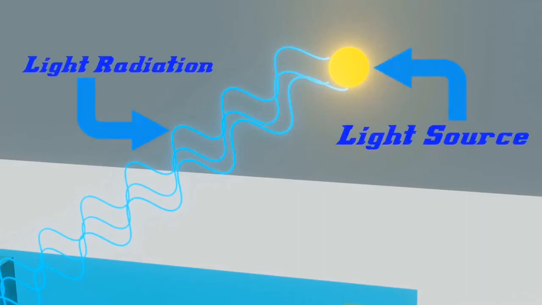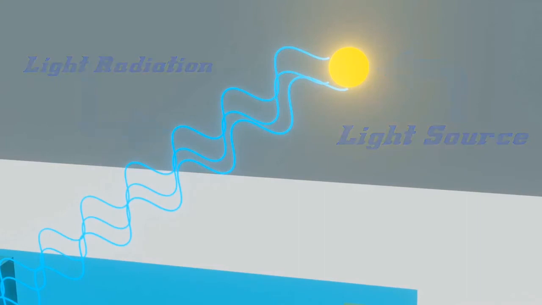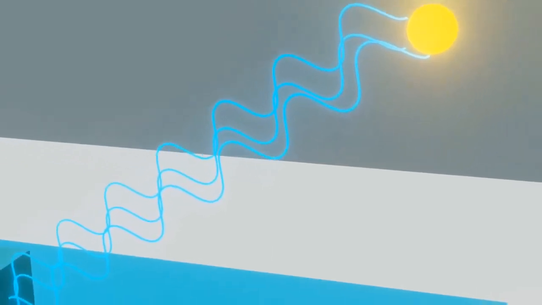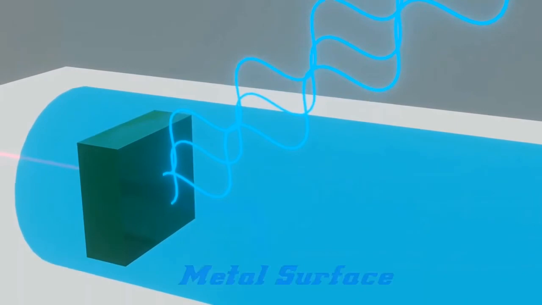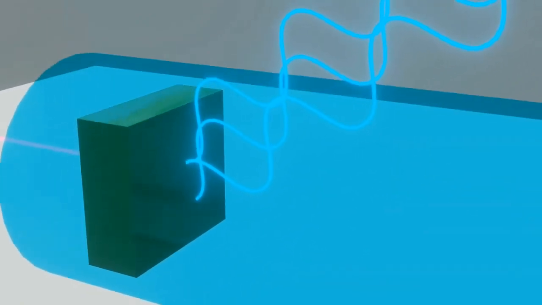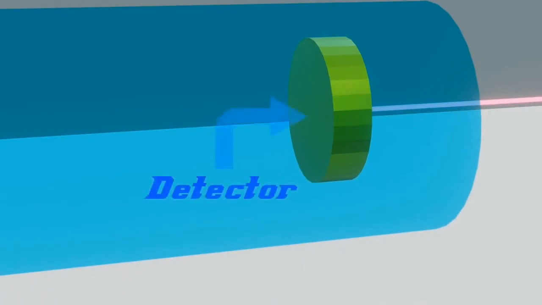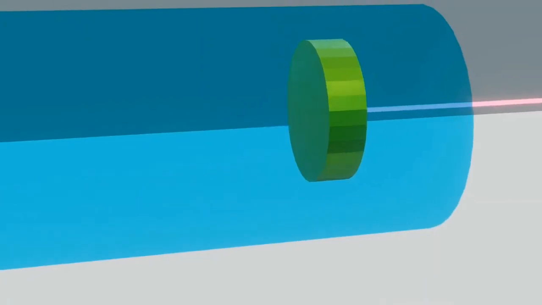This light source produces light radiation. This light radiation falls on the metal surface. This metal surface is a photosensitive material and acts as the cathode. Now the electrons emitted by the photosensitive material are collected by this detector. This detector acts as the collector and is the anode of the circuit.